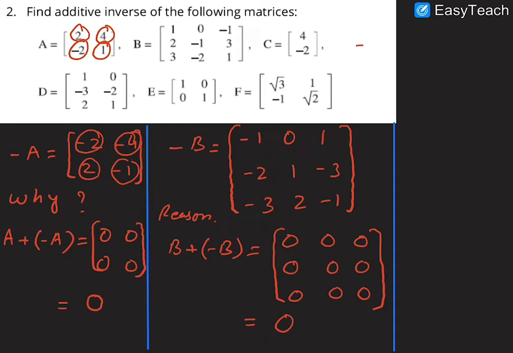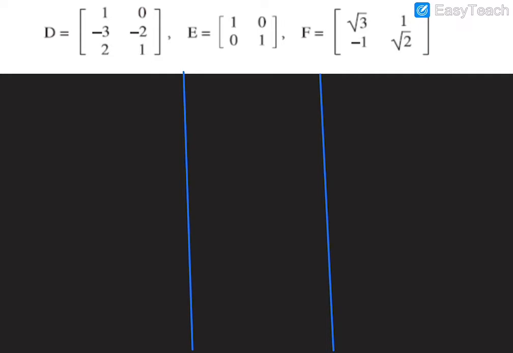C, you can write minus C, negative C is equal to minus 4, plus 2. So C plus minus C is equal to 0 and 0. So you are getting null matrix, so that's why minus C is the inverse of C. Next, D, E, F. Negative D will be minus 1, 0, 3, 2, minus 2 and minus 1. Just I am changing the signs.